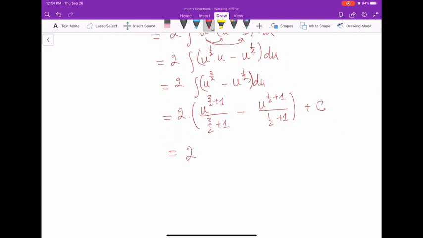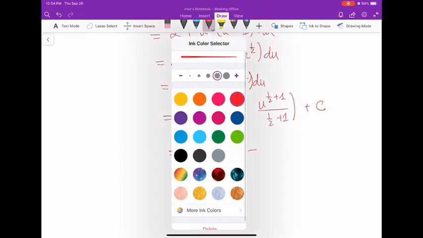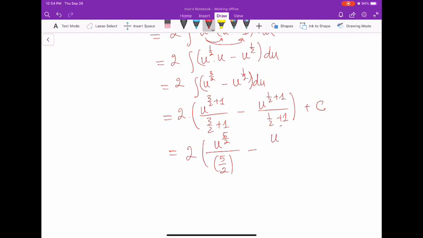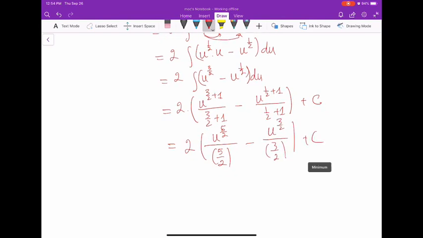And that is 2 times u to the 5/2 over 5/2 minus u to the 3/2 over 3/2, plus c. Now let's simplify that.